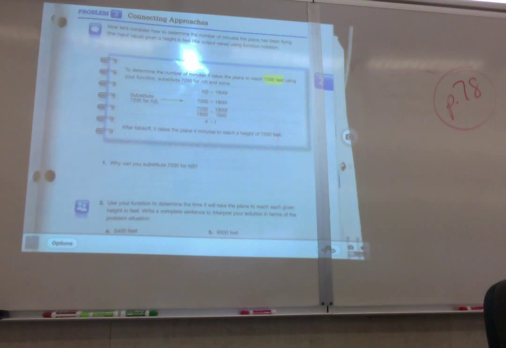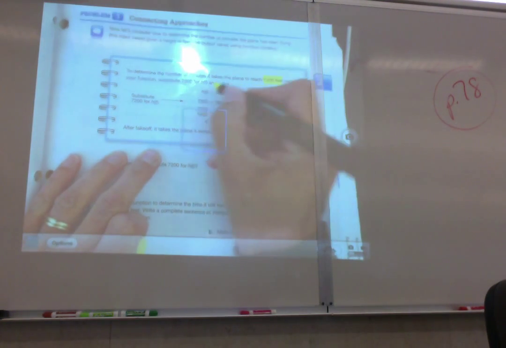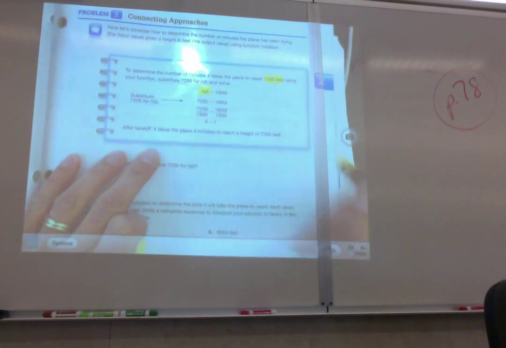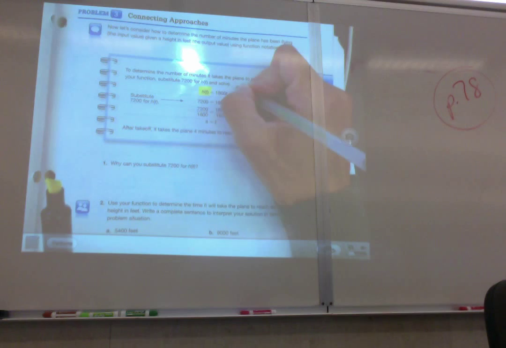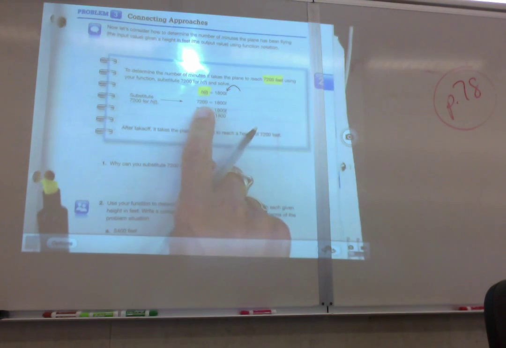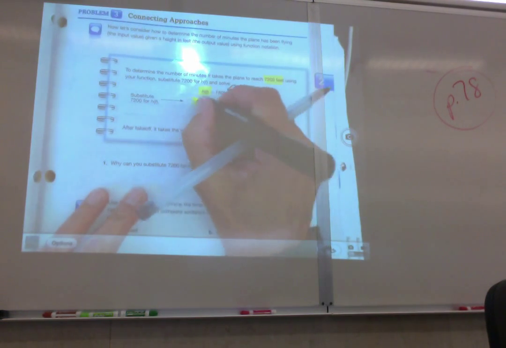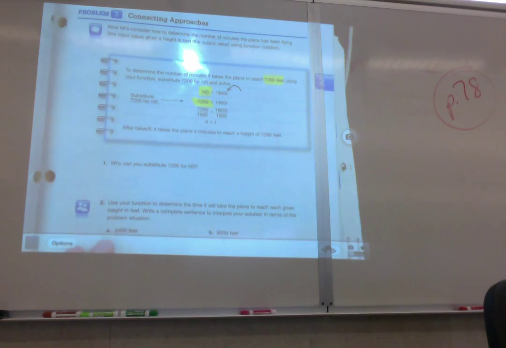So what they're doing right here is instead of h of t, we don't know the time. Last time we were substituting in something for time. This time we know the height or the output value. That's getting replaced where that h of t stood, okay?